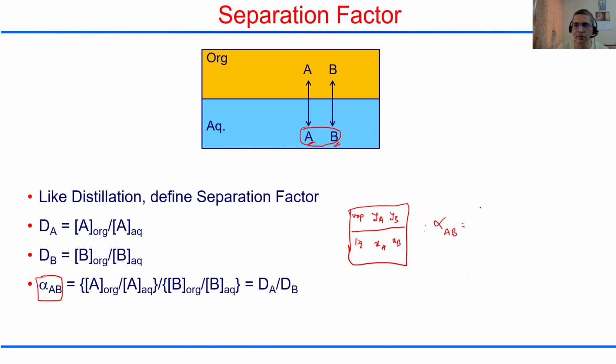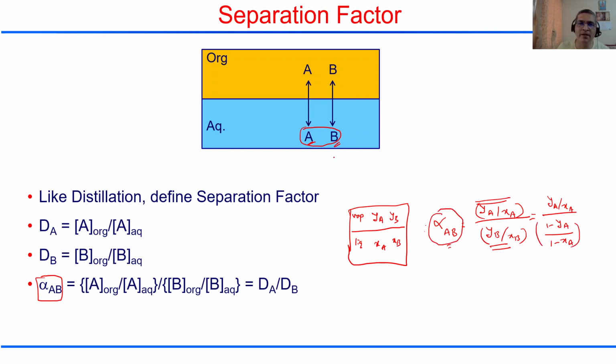Relative volatility: you say it is YA by XA divided by YB by XB, the volatility of A divided by the volatility of B. And if it's a binary, YB is simply 1 minus YA and XB is simply 1 minus XA. You recall that? So the higher the relative volatility, the easier it is to separate A and B by distillation.